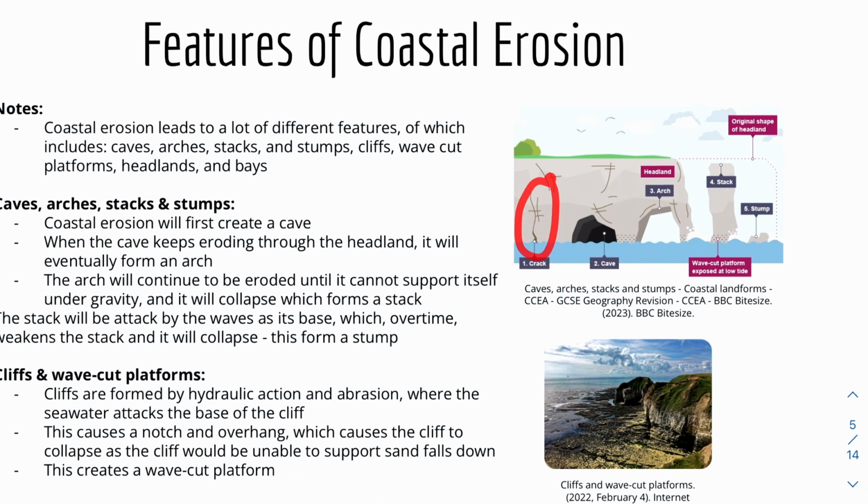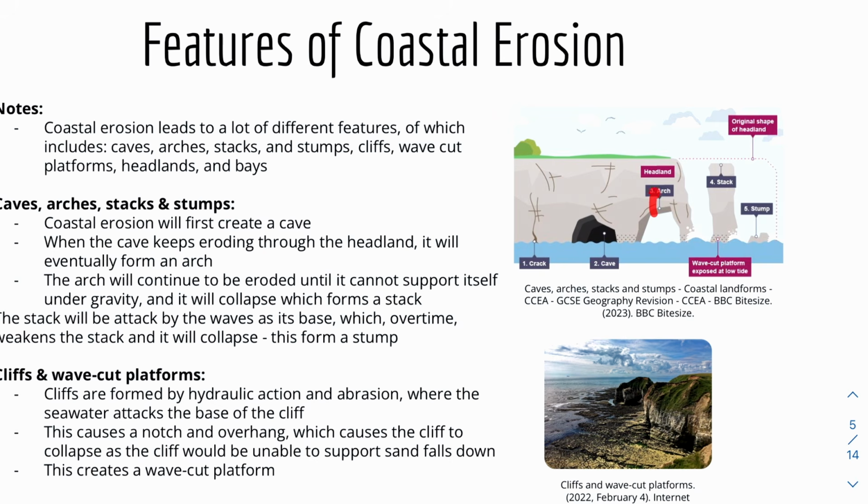So coastal erosion will first create a cave due to hydraulic action, which means that the crack basically explodes, which turns into a cave. And when the cave keeps eroding through the headland, it will form an arch right here, because basically it's a cave and the water just keeps eroding inwards until it goes all the way through, which forms this feature right here. And the arch will continue to be eroded until it cannot support itself.